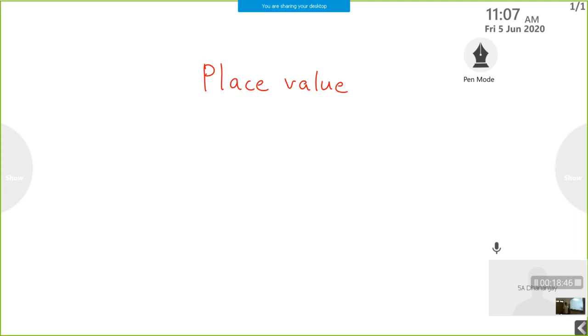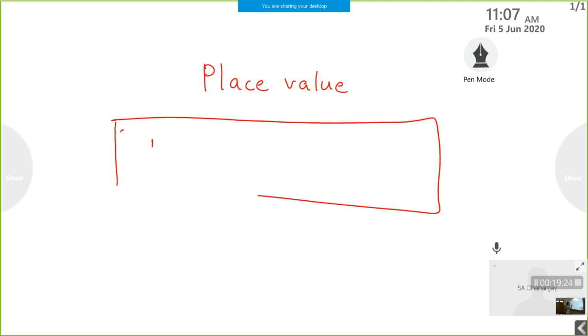The place value of any digit in a given number depends upon the place in which that digit occurs. Is that clear? So to write the place value, I'm going to draw the place value chart first.